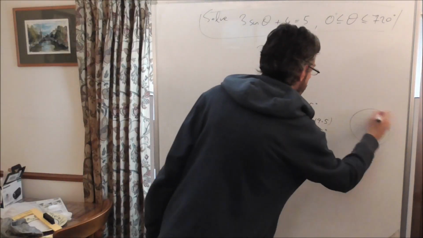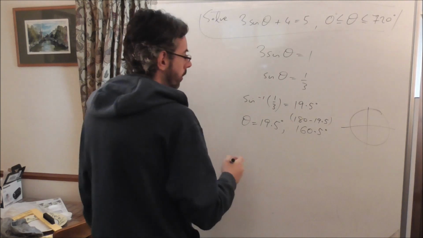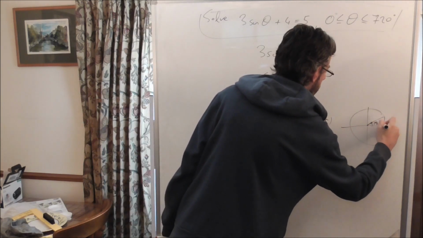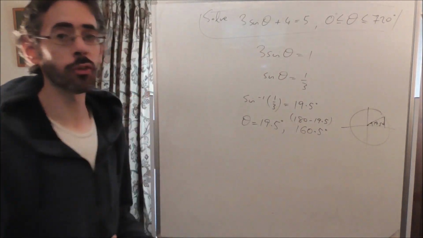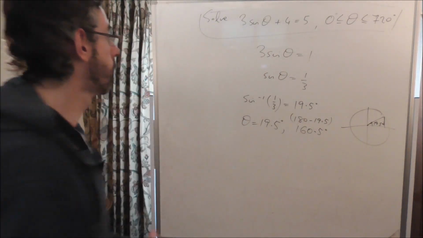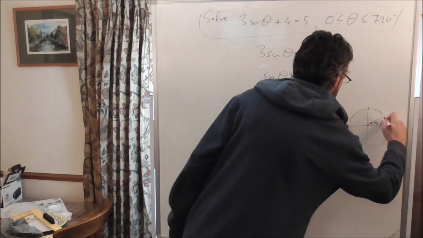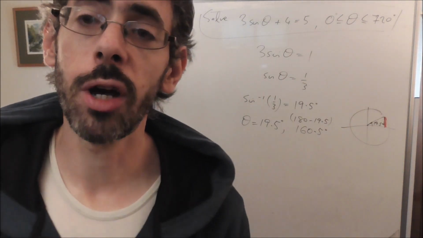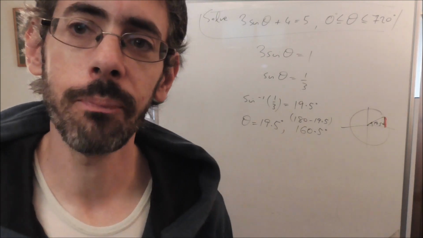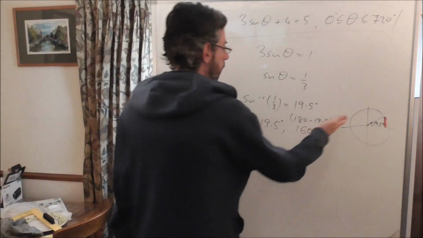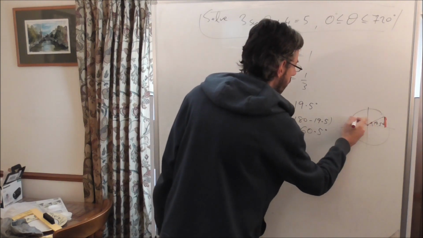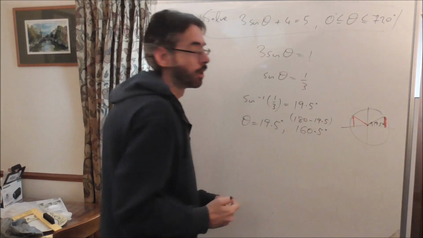So if you remember, you can just draw a unit circle. 19.5 is just over here, roughly, 19.5. Drop a line down. And the angle has a sine value of 1/3. Just means the height of the triangle is 1/3, because the height of the triangle is the sine value in a unit circle. And we're looking for other angles with the same sine value. So I just draw a triangle with the same height. And you can always do that by reflecting across, and you get another triangle with the same height.